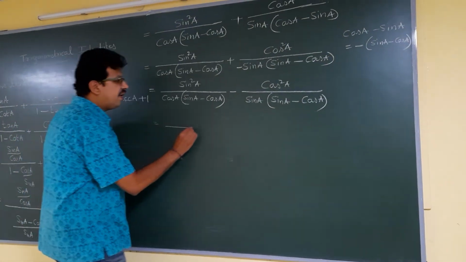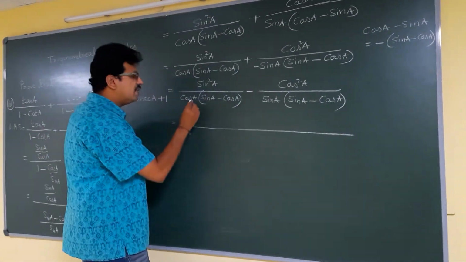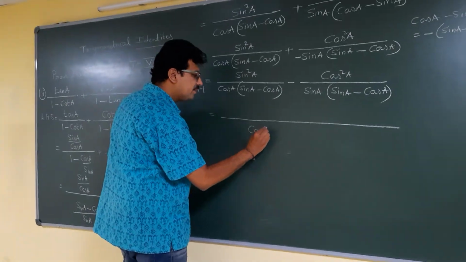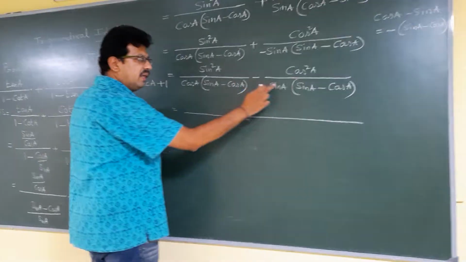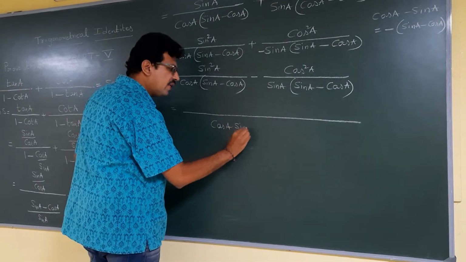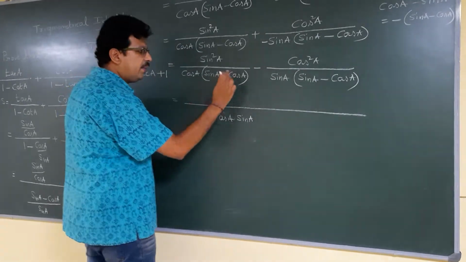Now we'll take LCM. The LCM is cos A, that has to be written, sin A also has to be written here, and sin A minus cos A.